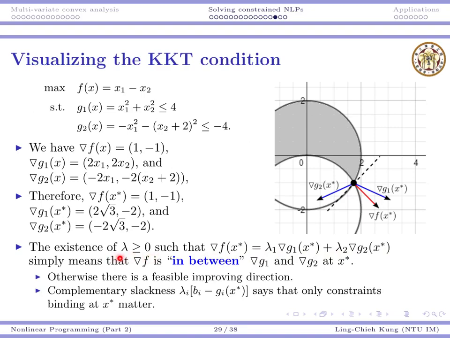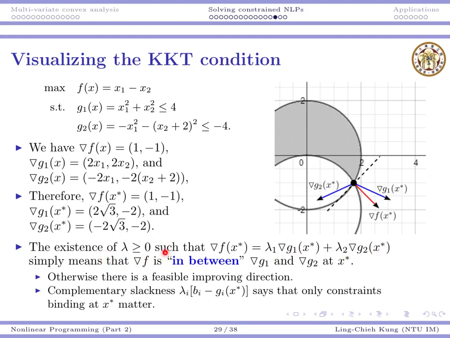If lambda is non-negative and we want to combine gradient g1 and gradient g2 to make gradient f, this is a vector, another vector, and we are asking you to combine the two vectors into the third vector with non-negative coefficients.